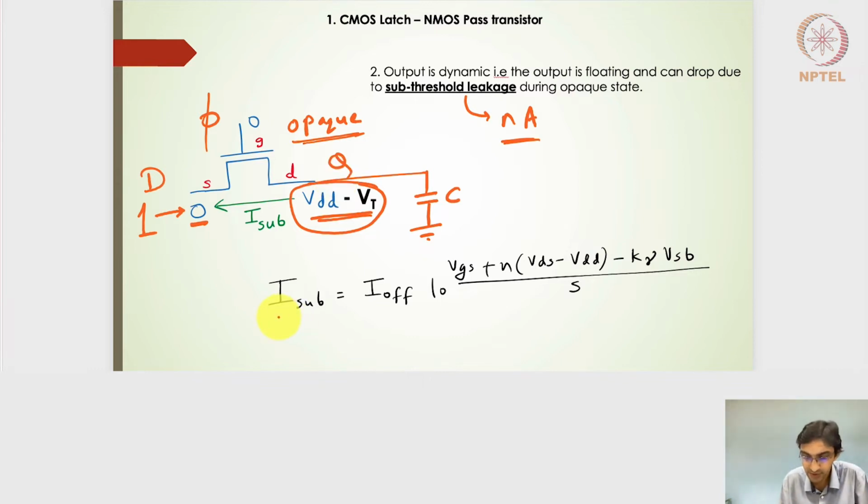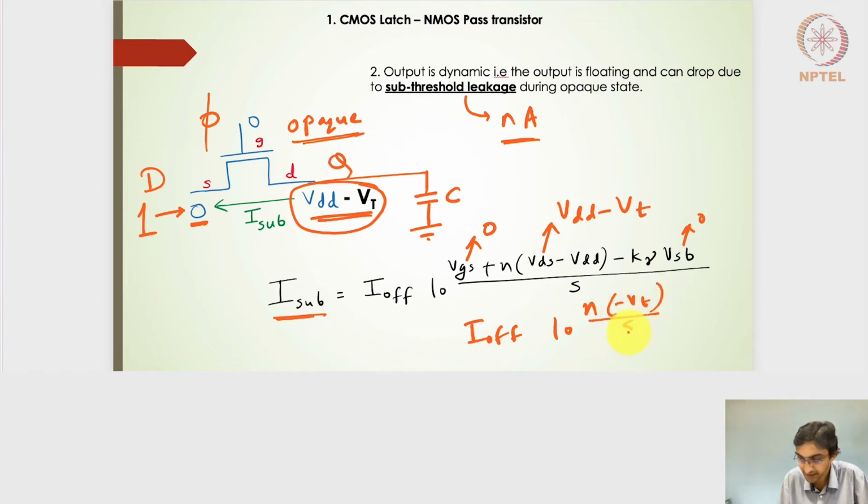We know that the subthreshold leakage current is defined by this particular expression. Even if VGS is 0 volts here, I have a VDS which is VDD minus VT, and even if VSB is 0, with the source at 0 and the body at 0, we will still get I0 current times 10 raised to eta minus of VT divided by S. This eta is 0.1 and S is 0.1, so this gets cancelled, and we will get close to 10 raised to minus 0.3, which is 0.501 I0 current.